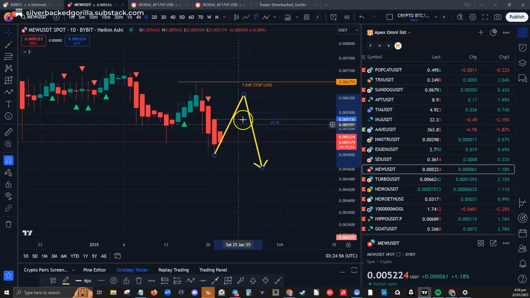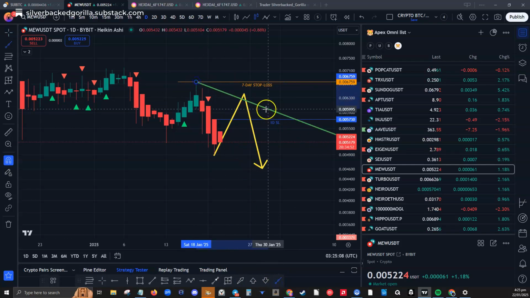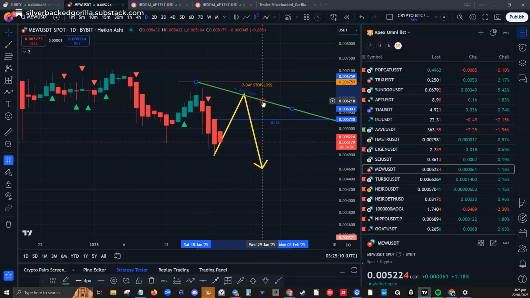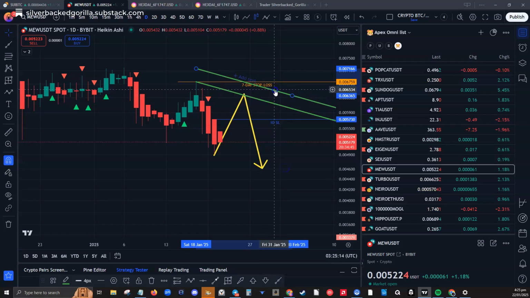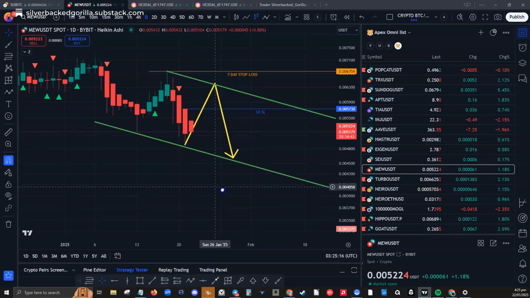You'd probably look for it to signal up here or something like that, this sort of level, and then you'd probably get something where you start forming again, where you often see a bit of a channel.